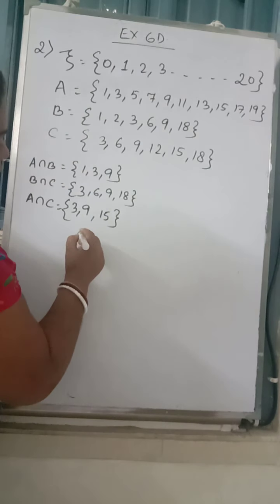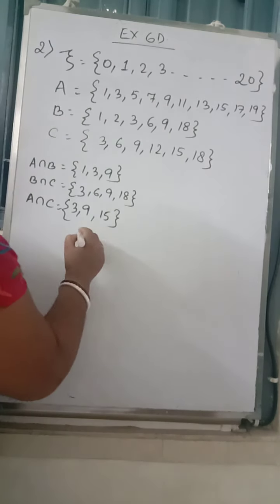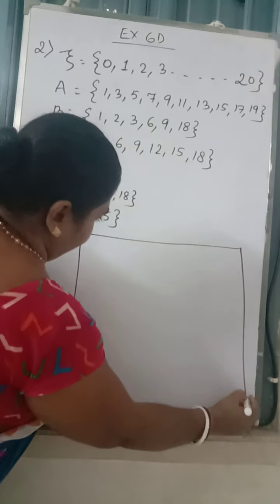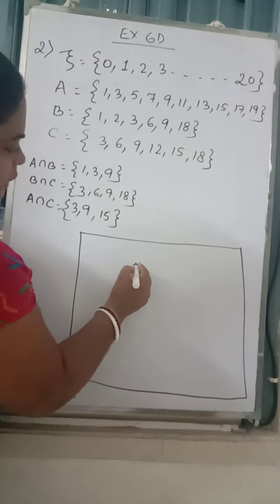Now how to construct the Venn diagram? We'll draw a big rectangle here, or a big square you can say, which will represent the universal set.